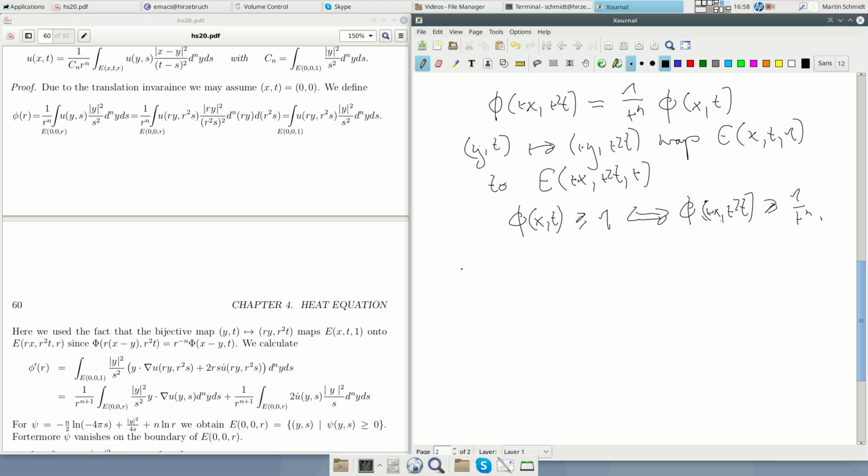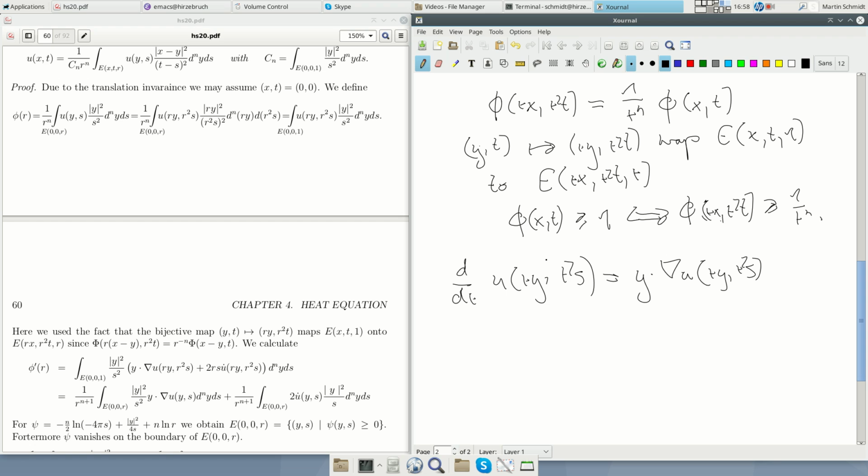If we calculate d/dR of u(Ry, R squared s), what do we get? Here we get, of course, the gradient. The inner derivative is y, so we get y times the gradient of u(Ry, R squared s).